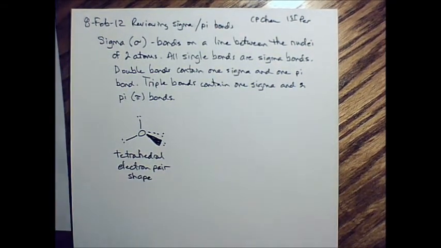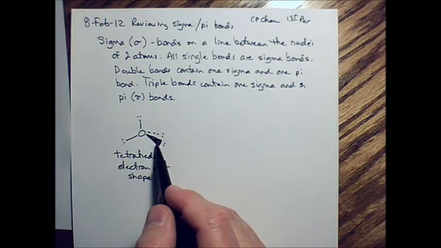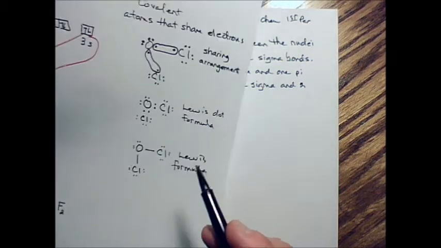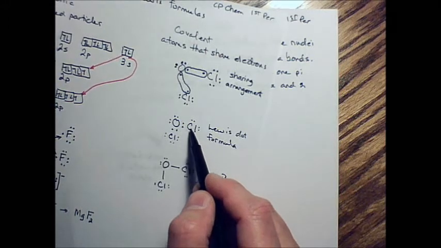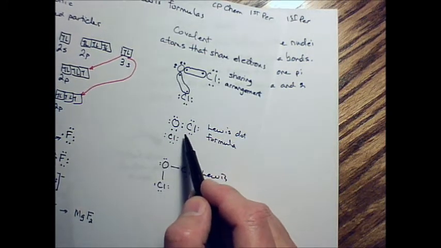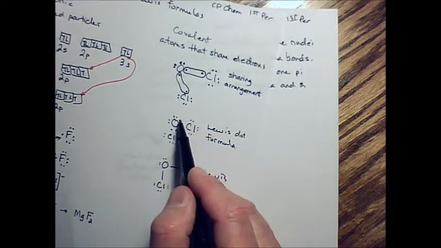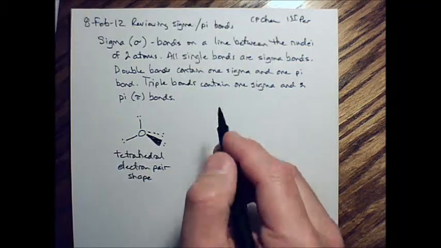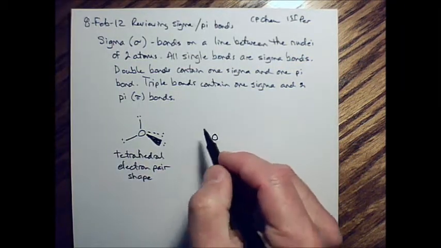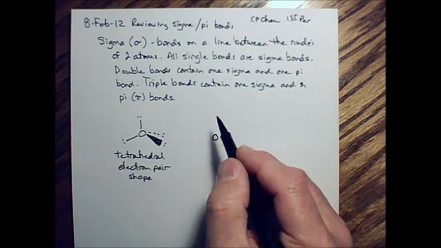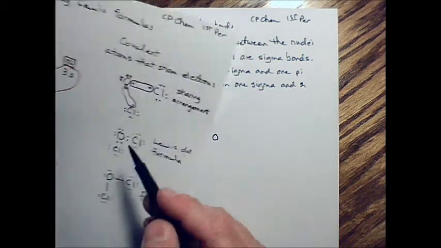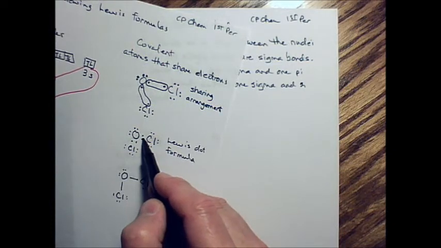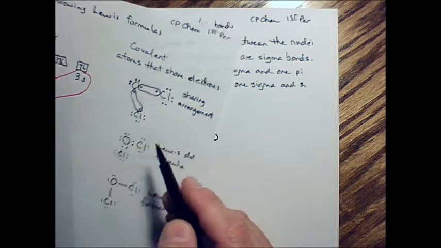Okay? The next step then when we're doing three-dimensional structures was to replace shared pairs with the element symbols. So we left the lone pairs alone, just replaced the shared pairs. When we did that, you were supposed to redraw exactly the same drawing, erase, in this case, 2 electron pairs and put on their chlorines.